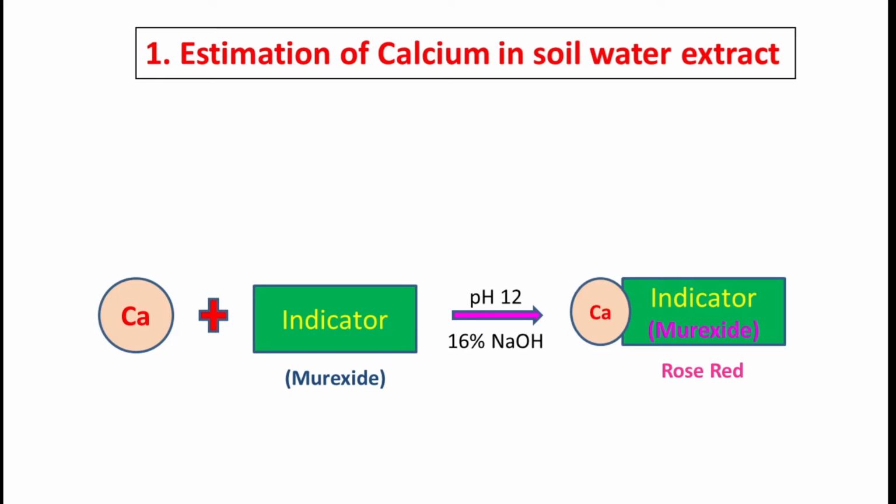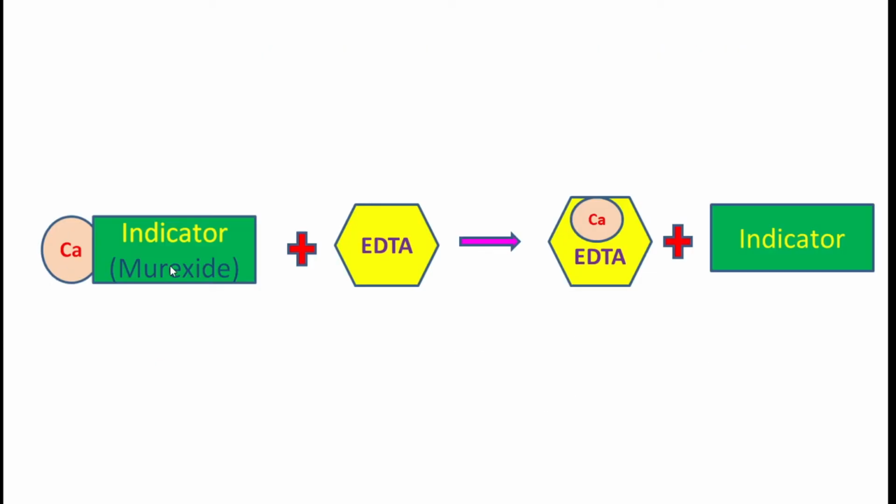In the first step, when calcium is reacted with indicator, the color which it gains is rose red. Whereas in the second step, when we titrate it against EDTA, the calcium is embedded by the EDTA, letting the indicator free, and the end of reaction is indicated by the purple color.